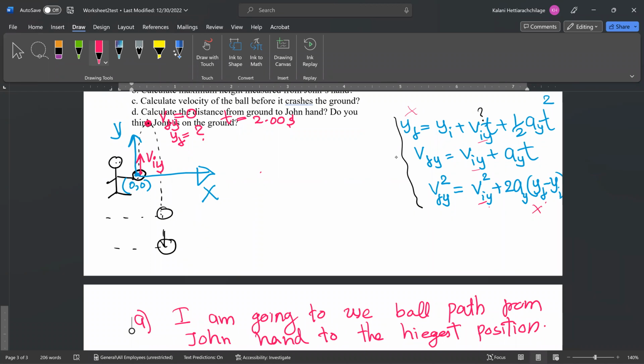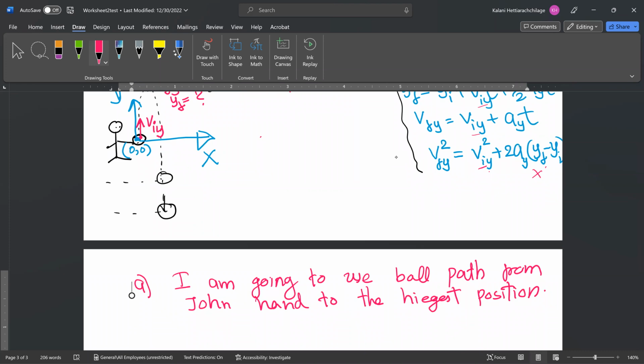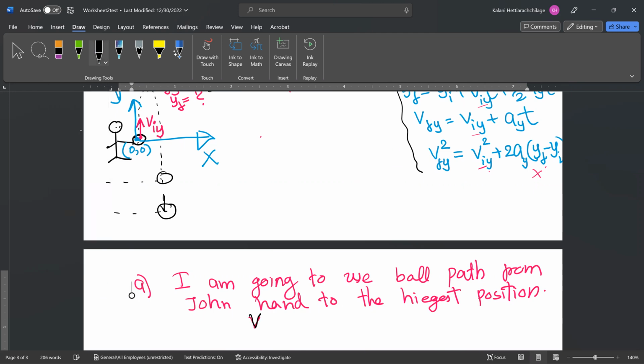So according to the information, I definitely know that the second formula is the best formula for me to solve this, at least the first part. After you decide that, write the formula. You're going to use the second formula. Yes, v final y direction equals v initial y direction plus acceleration y direction times time.